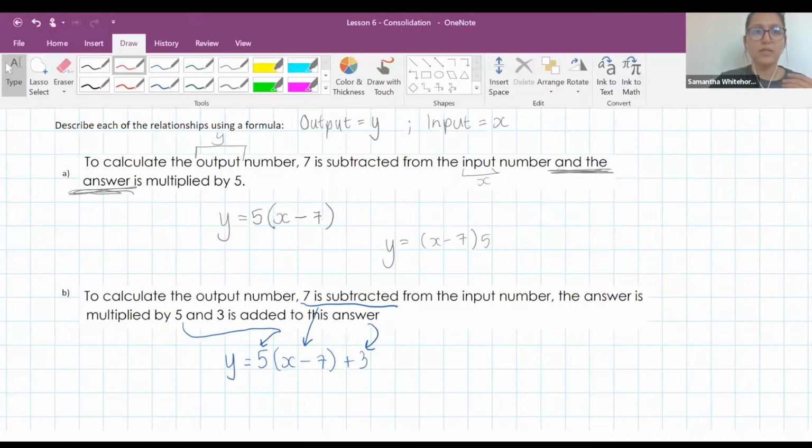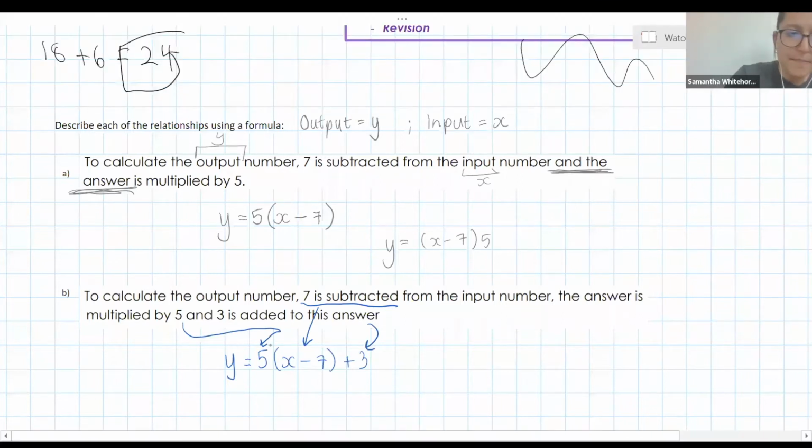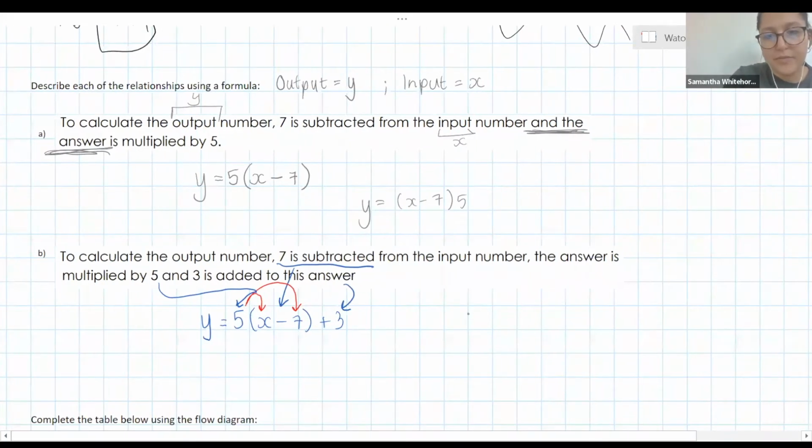So if I want to simplify this expression, I can. I would multiply the 5 into the brackets to both the x and the negative 7. And remember, if you need to, just do these multiplications on the side for yourself so that you don't get too confused. But if we go and multiply 5 times x, I get 5x.